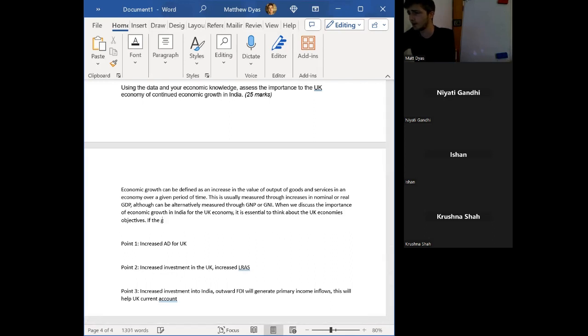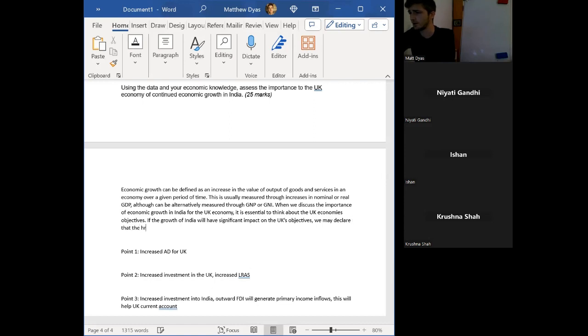If the growth of India will have a significant impact on the UK's objectives, we may declare that the growth of India is indeed important.